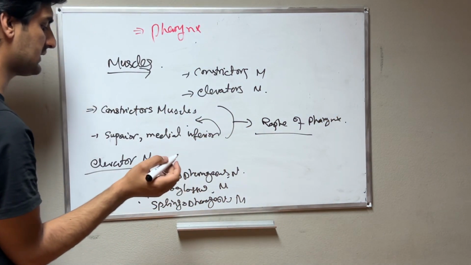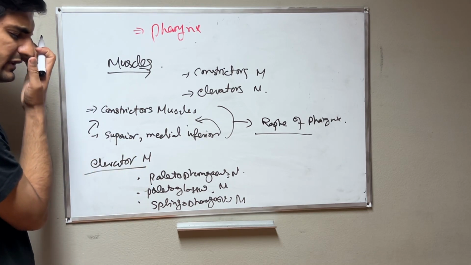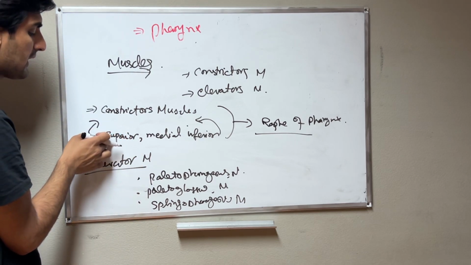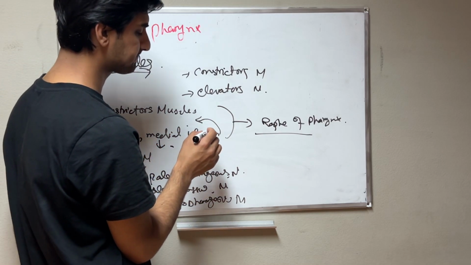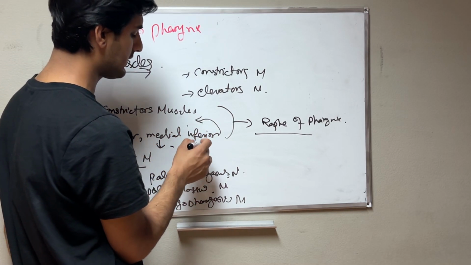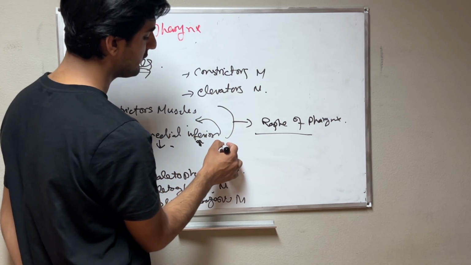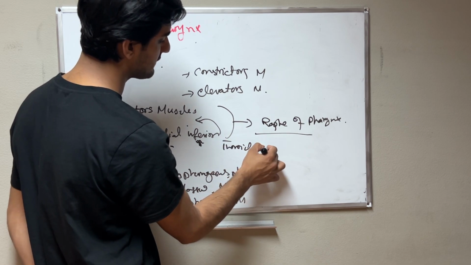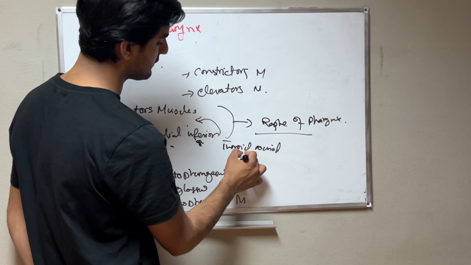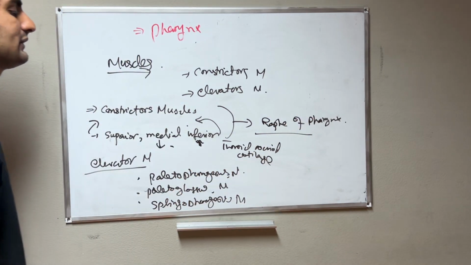The origin, for the superior, is from the medial pterygoid process of the sphenoid bone. For the medial, it is from the hyoid bone, and for the inferior, from the thyroid and cricoid cartilage. They insert in the same place, the raphe of pharynx.